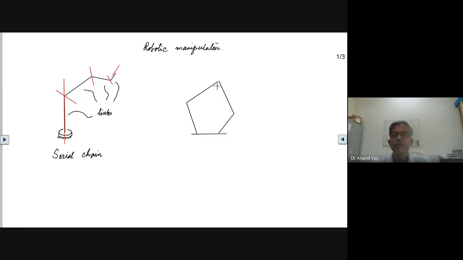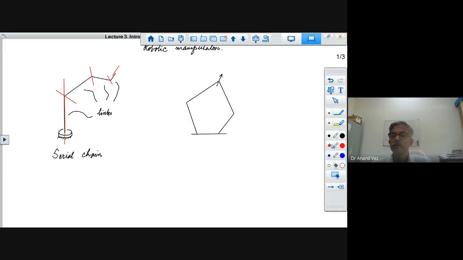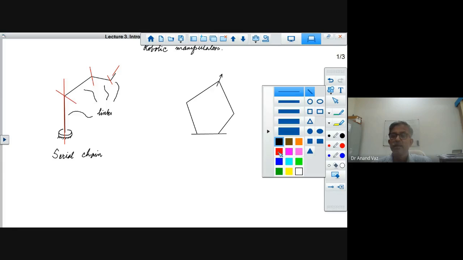You may have a tool here, and you'll be able to orient and position the tool. So here we have a configuration which we usually call a parallel manipulator or closed chain.